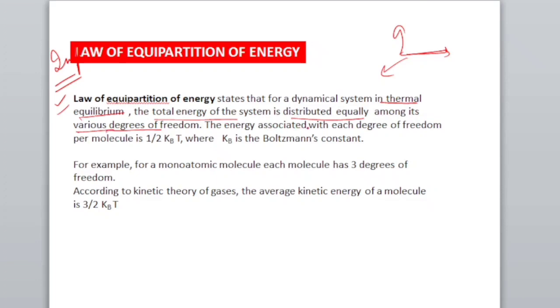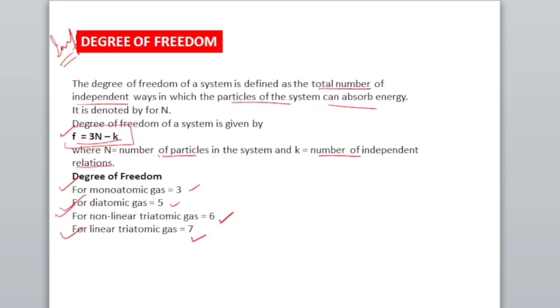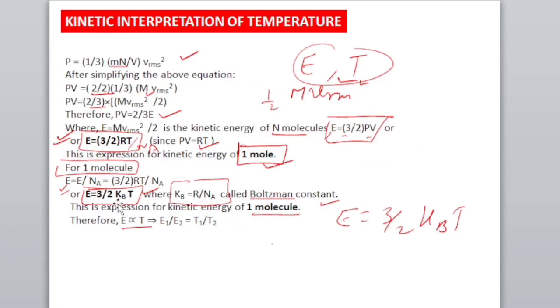So the energy associated with each degree of freedom becomes how much per molecule? Half kBT, where kB is Boltzmann's constant. You get the expression for total energy as E equal to 3 by 2 kBT. This is the total energy of the molecules, right? So if the molecule has 3 degrees of freedom, this total energy is divided among all these 3 degrees of freedom.